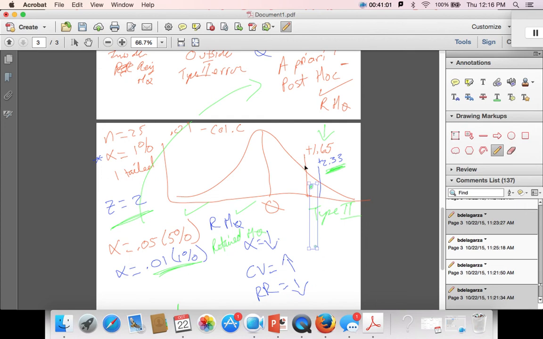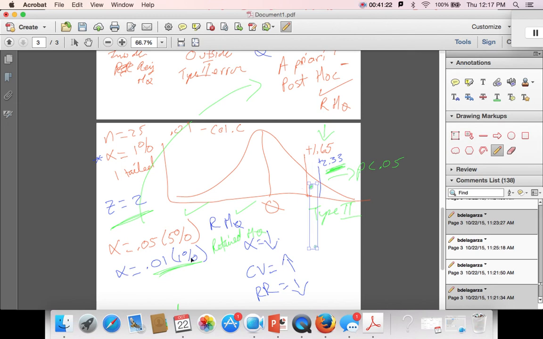My region of rejection begins right here with this critical value of 1.65. My statistic lands inside the region of rejection, so I'm going to assume that p was less than 0.05. Why? Because a p-value less than 0.05 suggests that your statistic landed in the region of rejection and you're able to reject the null hypothesis.